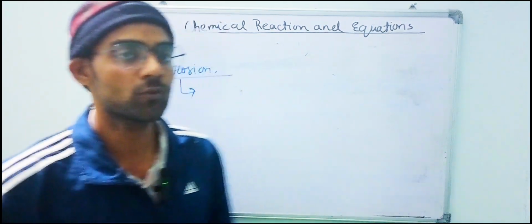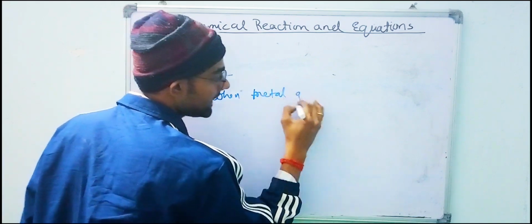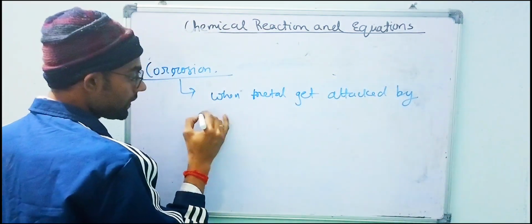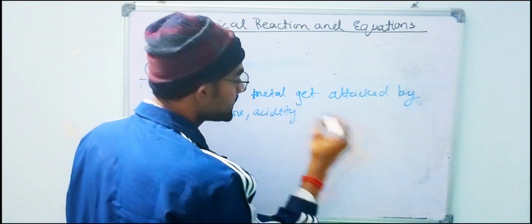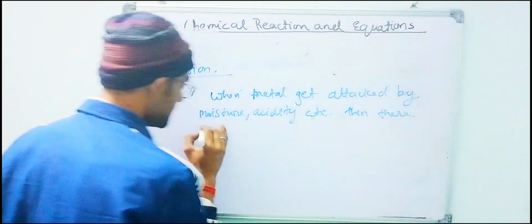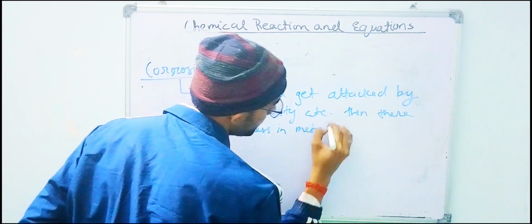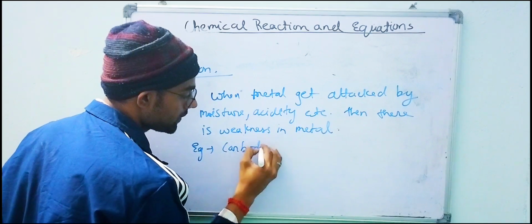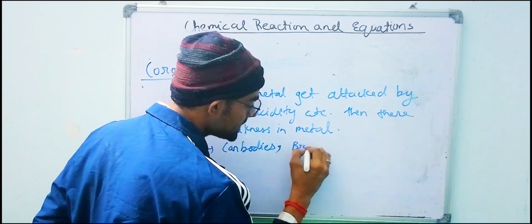This process is known to be corrosion. For example, car bodies become weak over a time period, and we can take the example of bridges.